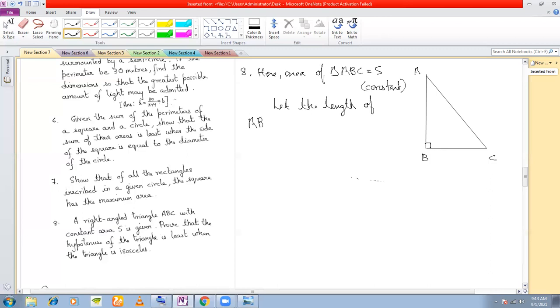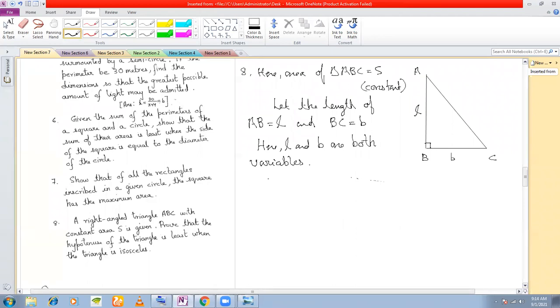AB is equal to L and BC is equal to B. So we have taken this length as L, and this length as B. Here L and B are both variables.